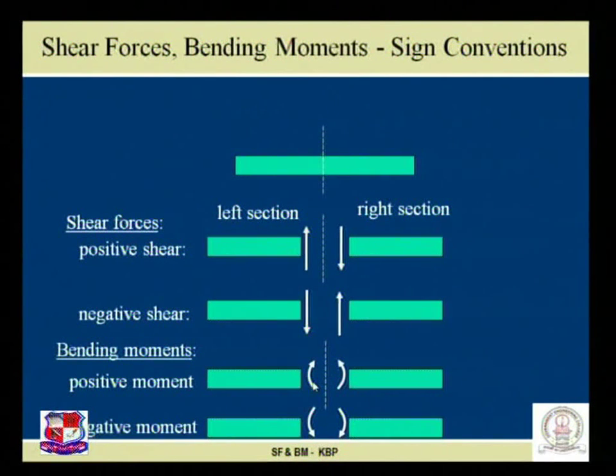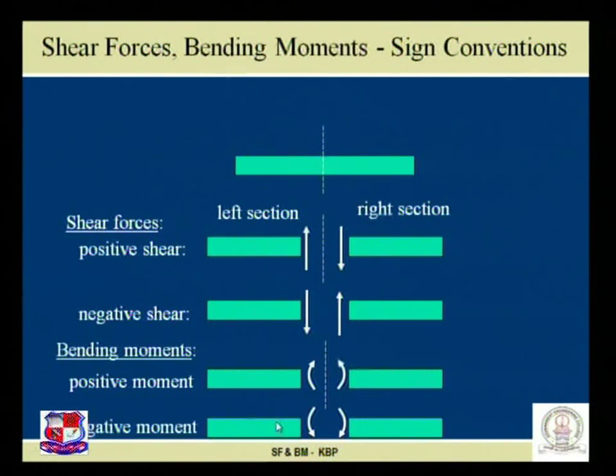For bending moment, if the section left part is subjected to clockwise moment or the section right part is subjected to anti-clockwise moment, this generates sagging nature of bending moment, referred to as positive bending moment. Vice versa, section left part anti-clockwise moment or section right part clockwise moment is referred to as negative moment.